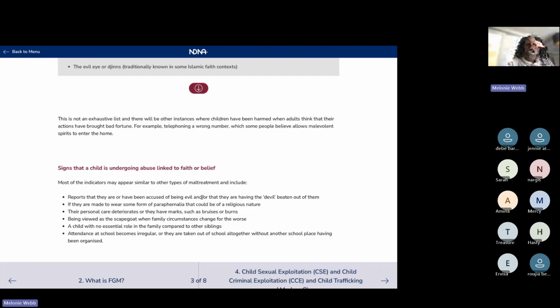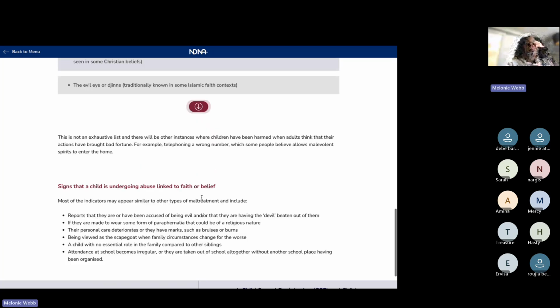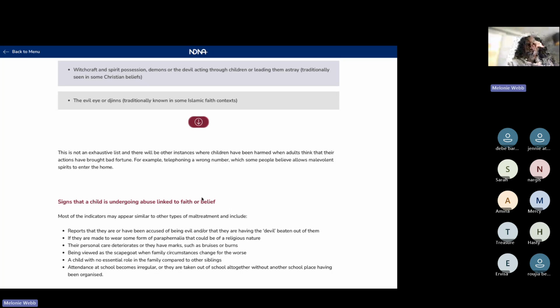If they are made to wear some form of paraphernalia that could be of a religious nature, their personal care deteriorates or they have marks such as bruises or burns, being viewed as a scapegoat when family circumstances change for the worse, a child with no essential role in the family compared to other siblings, attendance at school becomes irregular, or they are taken out of school altogether without another school place having been organised. So they can all be indicators of abuse linked to faith.